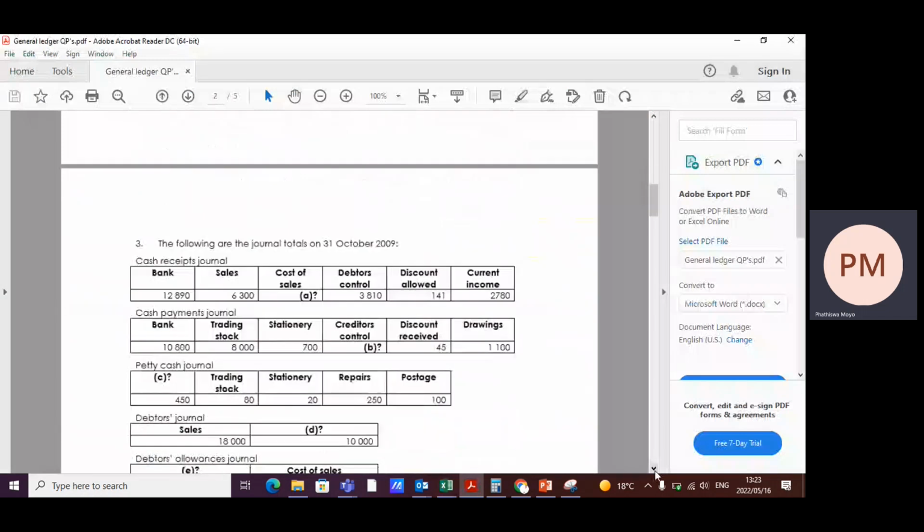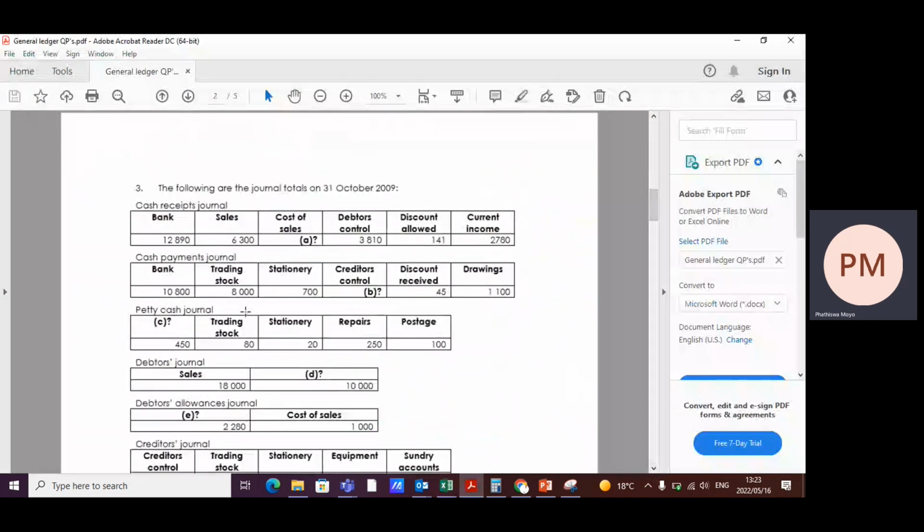So cash payments journal, this is the business, our shop buying stock with the hope to sell in the future, but the sale has not happened. In the cash receipts journal, the sale has happened. So you need to know how much was the cost of the inventory that was sold. Here, this is still at the cost price.